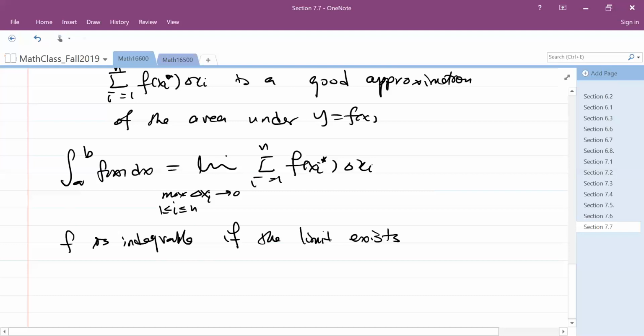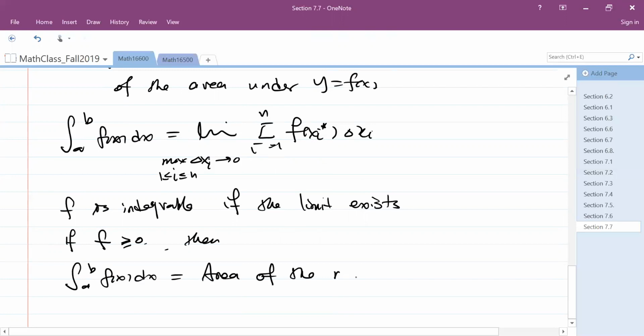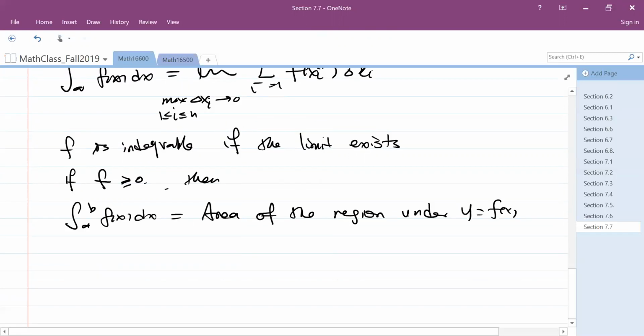And when the function is positive, if f is greater than 0, then this is going to be the area of the region under y equals f of x. So this is the idea we use to find the area of a circle or semicircle.